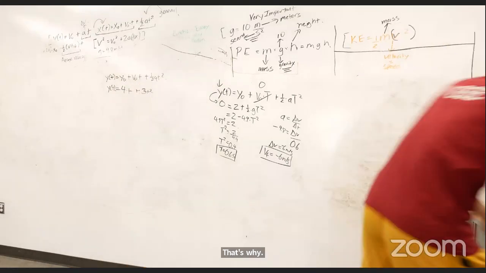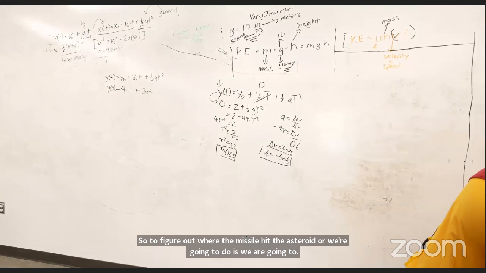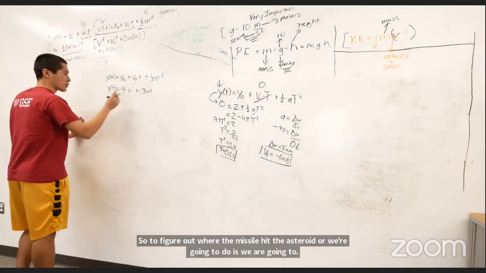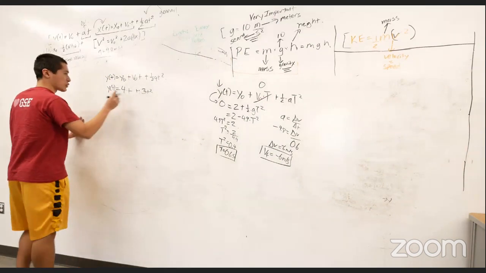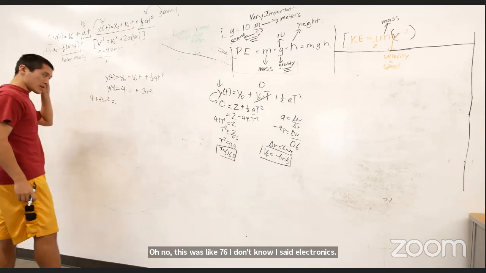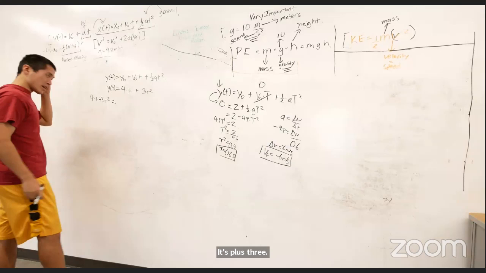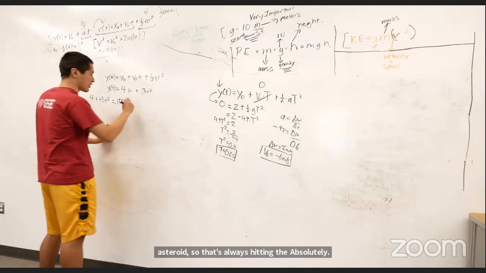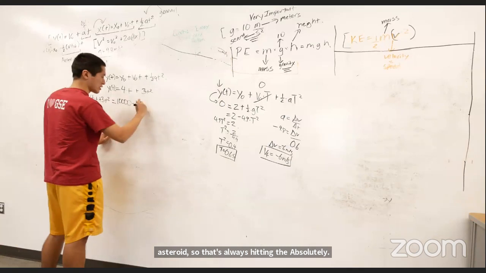So next we're going to figure out when the missile is hitting the asteroid. To do this, we're going to set the missile's function equal to the asteroid's function. So 4 times t plus 3t squared. The asteroid is initially starting from a position of 10,000. The asteroid is moving at an initial velocity of -17 times time.